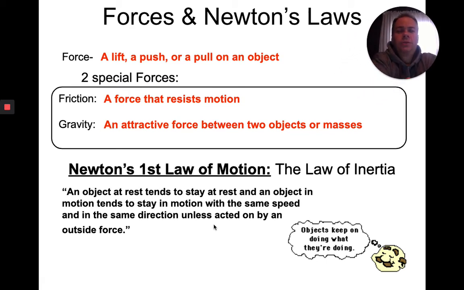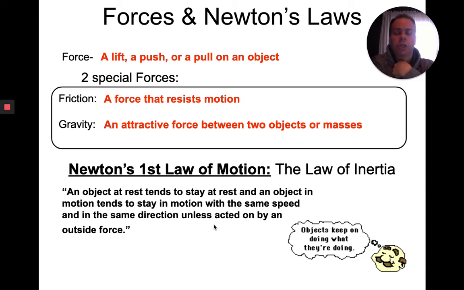So Newton's first law of motion is sometimes called the law of inertia. The law says, in quotes here, an object at rest tends to stay at rest. An object in motion tends to stay in motion with the same speed and in the same direction unless acted upon by an outside force.